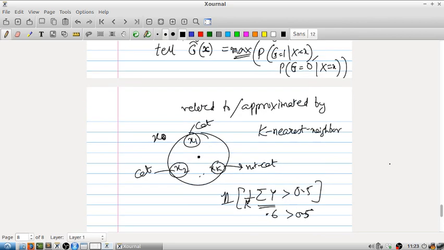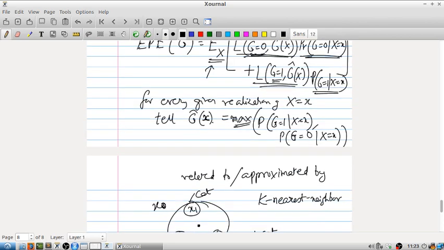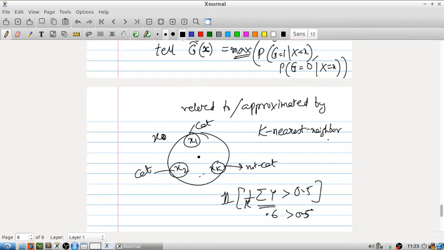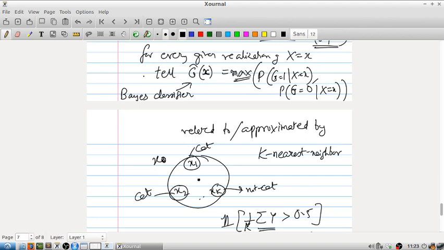If you knew the true joint distribution between x and y, this classifier, which is the max over g of p of g given x equals x, so p of g equals 1 given x and p of g equals 0 given x, is called the Bayes classifier. If somebody says Bayes classifier, this is what they're talking about, and it's something that you don't know, because it's not defined over data, it's defined over the joint distribution of your data, which you don't know.